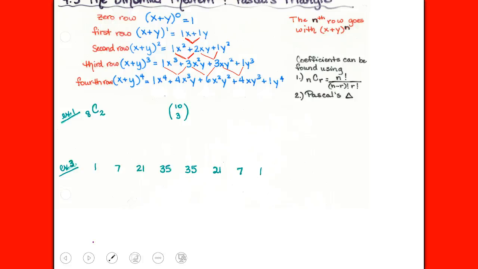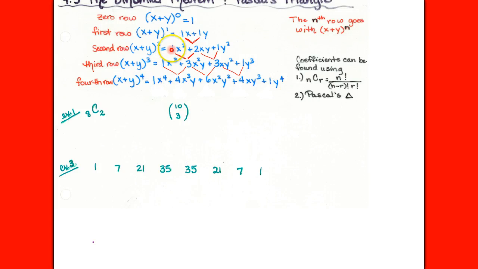The numbers in Pascal's triangle have a particular pattern to them. Notice that the first number, the coefficients, the first number in every row is 1, and the last number in every row is 1. To get the other numbers from the triangle, you literally add the 2 numbers above to get the number down below.